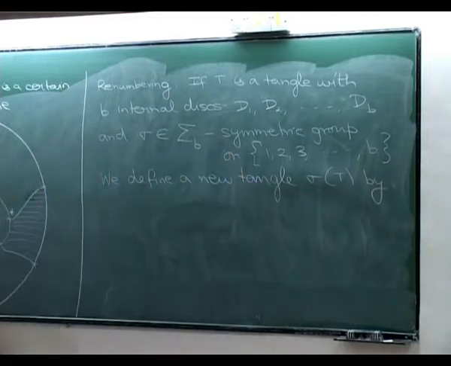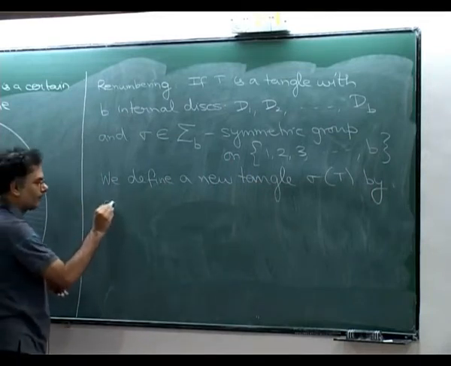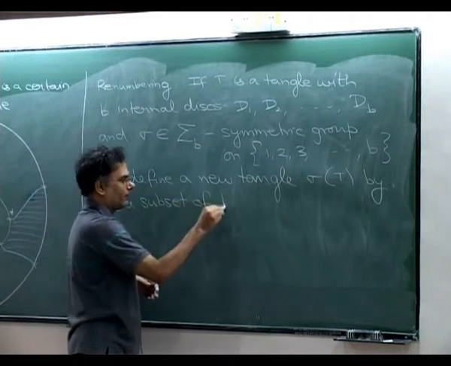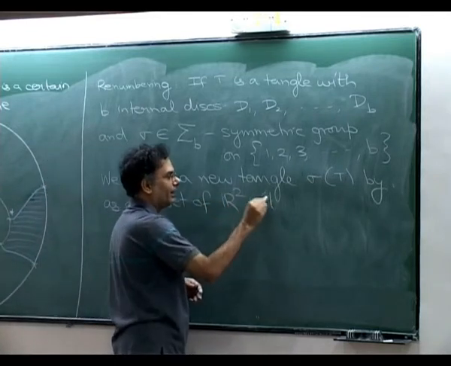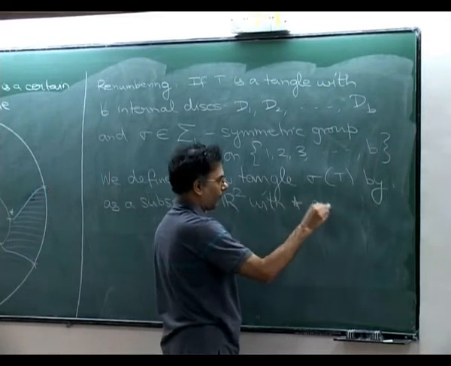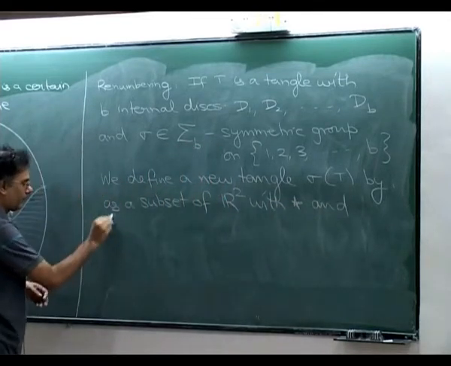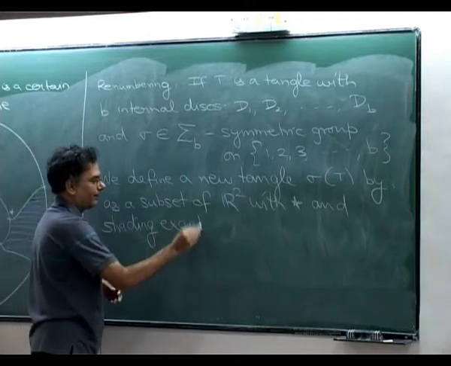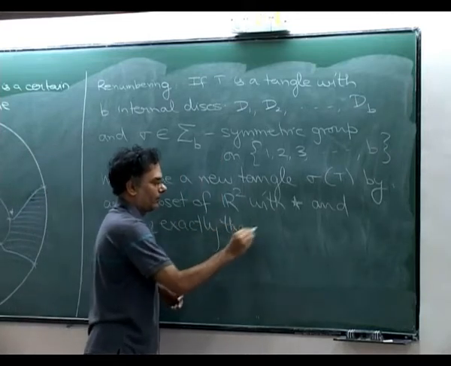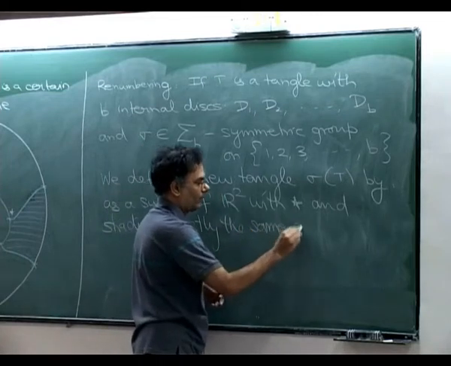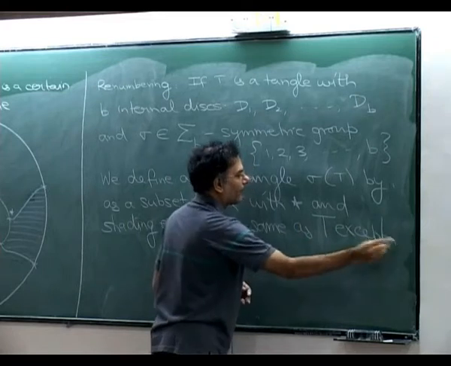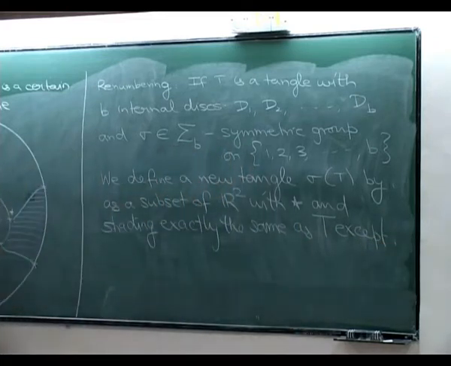The prescription for sigma T is, as a subset of the plane with star and shading, exactly the same as T, except in the labeling of its internal disks.